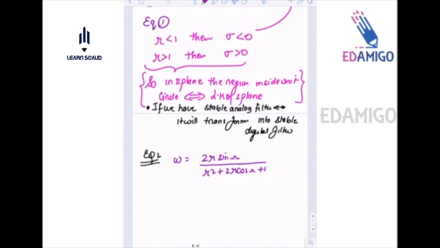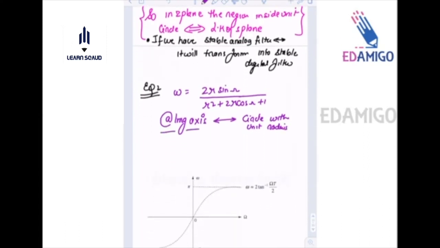Okay, now let us say that we are talking about the imaginary axis, and since the imaginary axis corresponds to the unit circle, or a circle with unit radius, so the imaginary axis in the s plane corresponds to r equal to 1, the unit circle in the z plane.